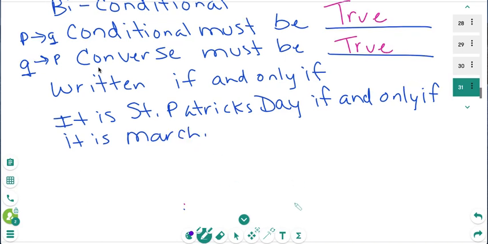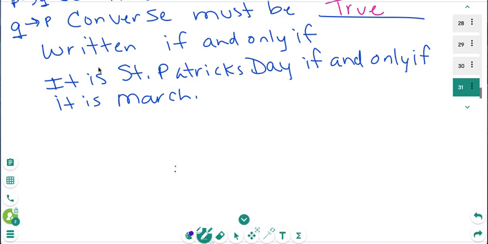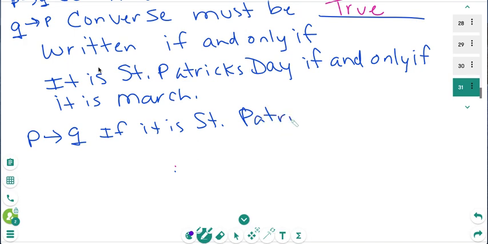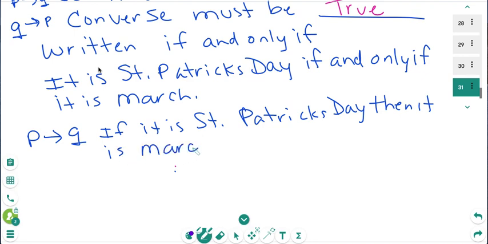So the first thing that we have to do is write it in if P, then Q form. So we would write, if it is St. Patrick's Day, then it is March. Since we know St. Patrick's Day can only happen in March, the truth value is true.